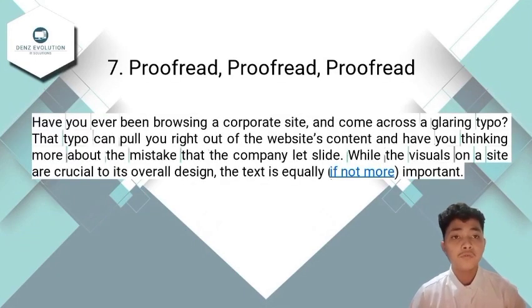Seventh, proofread. Have you ever been browsing a corporate site and come across a glaring typo? That typo can pull you right out of the website content and have you thinking more about the mistakes that the company lets slide. While the visuals on a site are crucial to its overall design, the text is equally important.